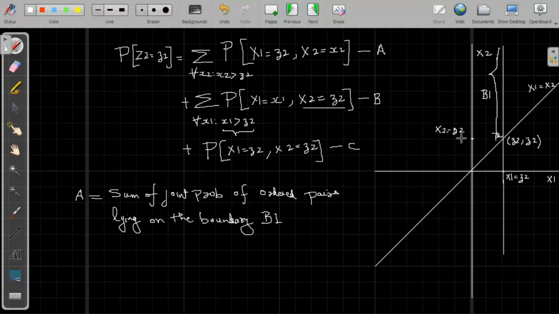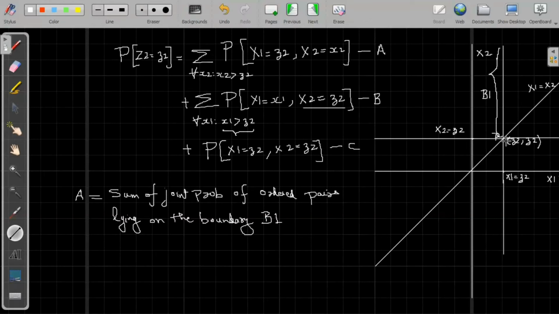is the line that is passing through this point and parallel to the x1 axis. So let's draw this line. So this is the x2 is equal to z2 line. So the first condition is that all those ordered pairs which lie on this line, and the second condition is x1 is greater than z2.